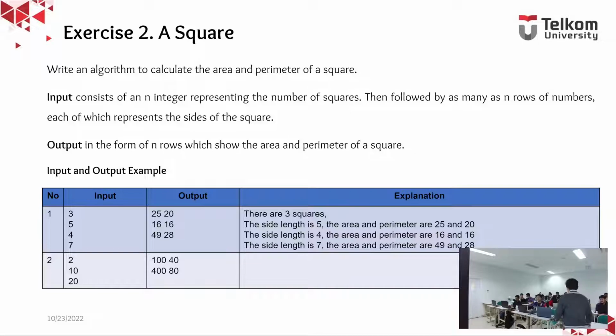I will ask for a volunteer first. Anyone who answers the exercise correctly won't be obligated to do the assignment. Tomorrow I will give you an assignment or homework. For anyone who already answered the exercise in class and the answer is correct, automatically he or she will get 100.